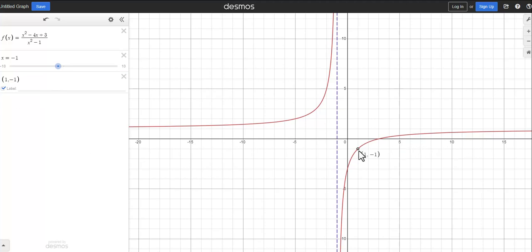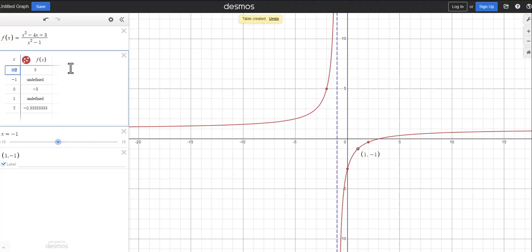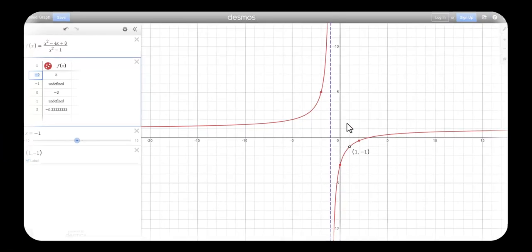We should have had a hole or an open circle right over here when x is 1. The y value to get closer and closer to is -1. But the function is not defined at 1 nor at -1. It's just that one of them is an asymptote, the other one is just, as we'll see later, a discontinuity. All right, perfect. So now let's take a look at a couple more examples.